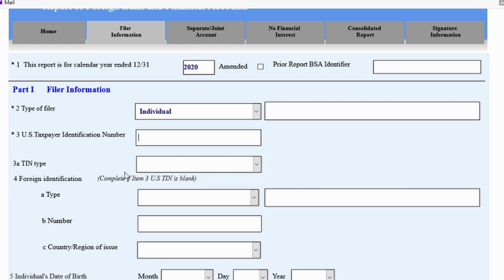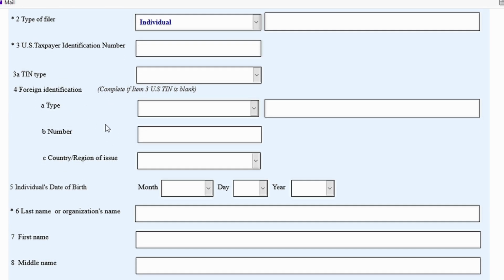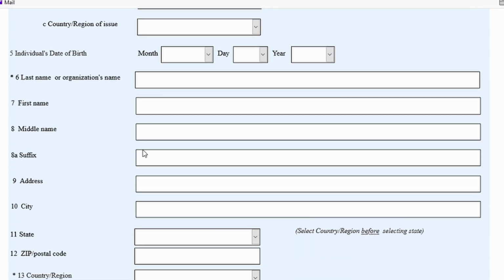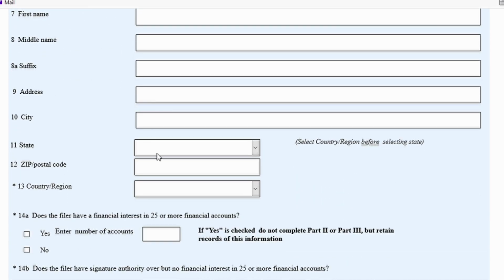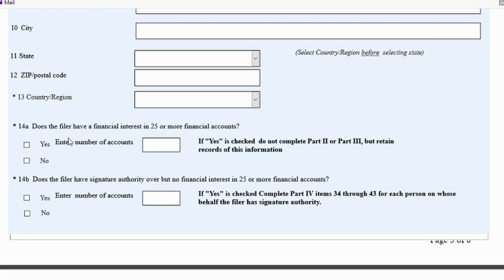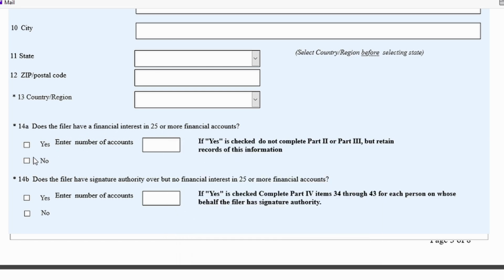Taxpayer identification number, that's your Social Security number or TIN. Foreign identification, birth date, last name, first name, middle name, address, and so on. So this is easy.